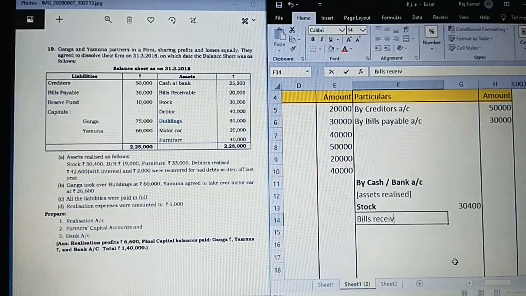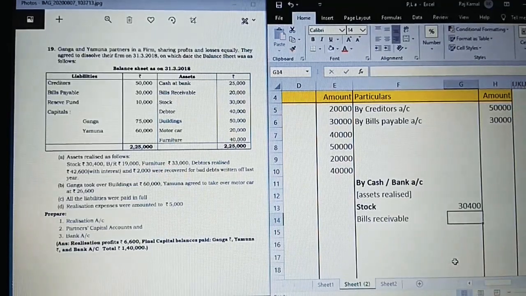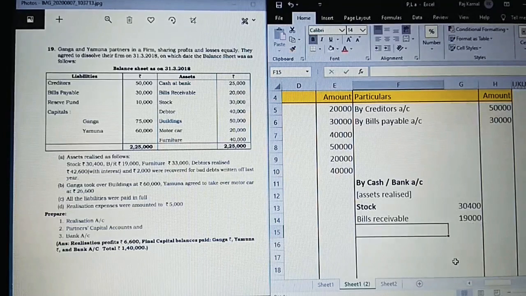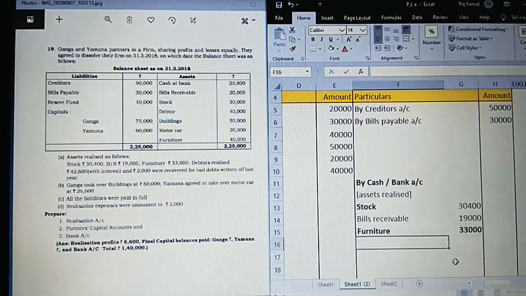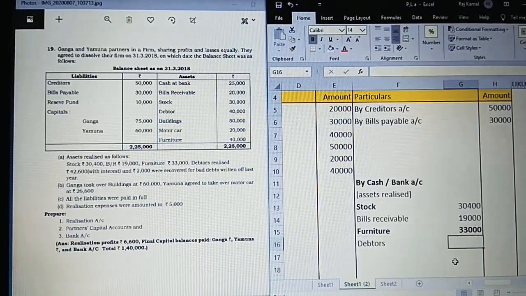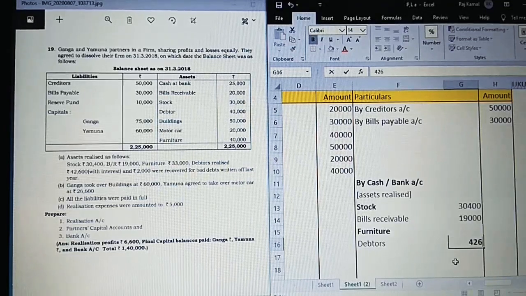Bills receivable, 19,000. Furniture, 33,000. Debtors, observe debtors are realized 42,600 with interest.